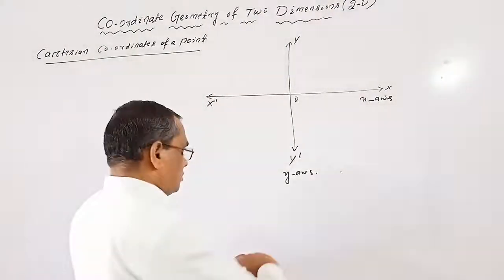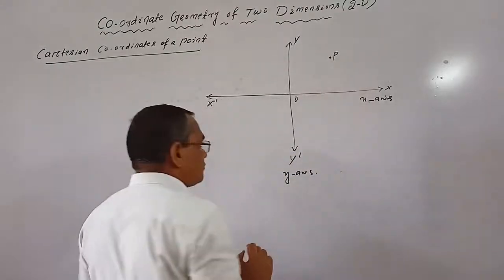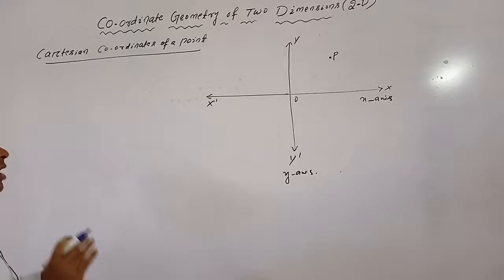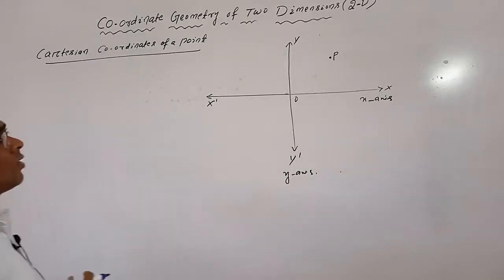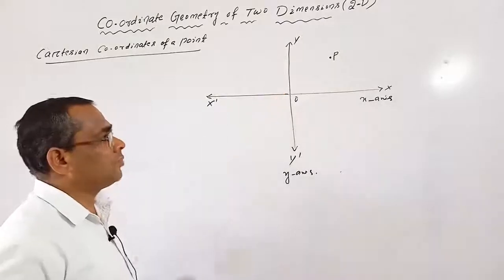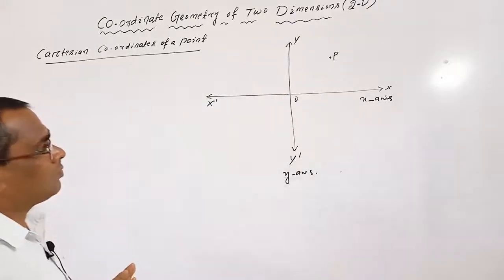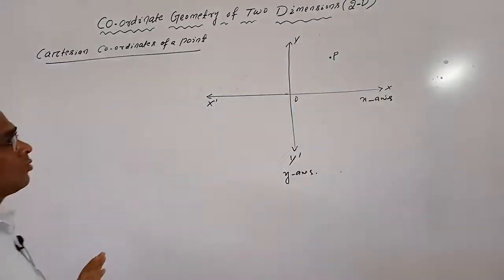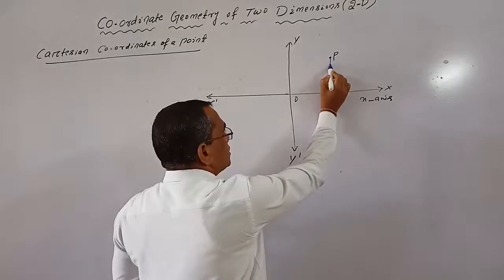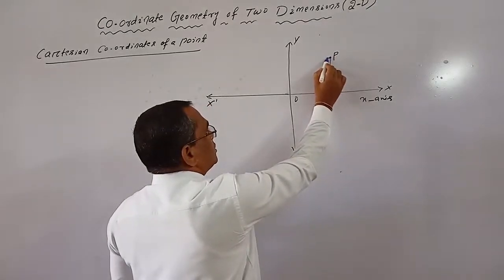Let capital P be a point in a quadrant, in the first quadrant. So how to determine the coordinate of the point P? For determination of the point P, first we draw two perpendicular lines from this point P on x-axis and from the point P on y-axis.